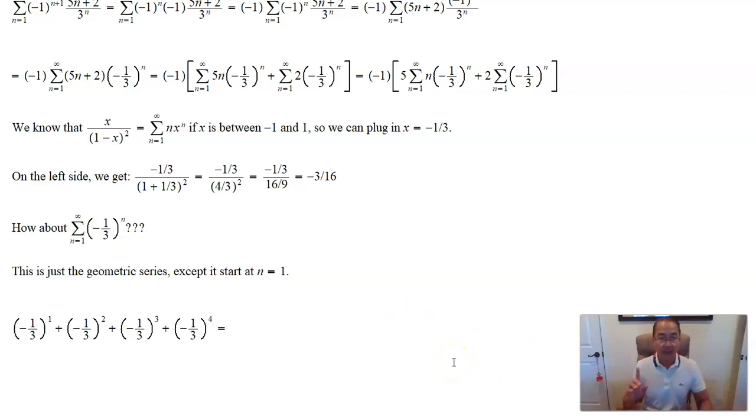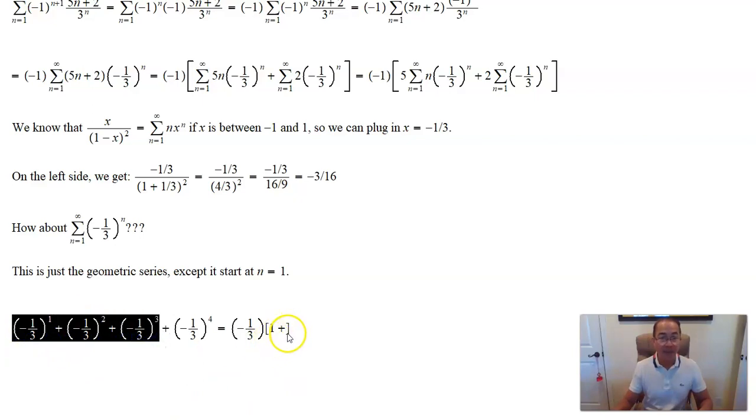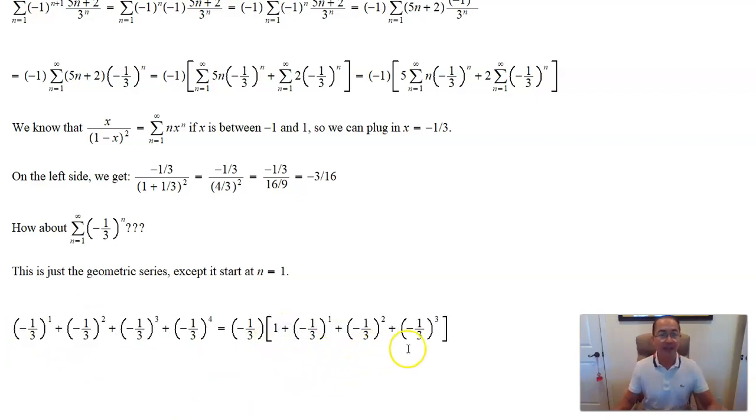So if you factor out the minus 1/3, we'll take one copy, we're going to have left 1 plus a minus 1/3 to the 1, plus a minus 1/3 to the 2, plus a minus 1/3 to the 3. Okay, you see that? Take away one of these, you're left with 1 here, and 2 here, and 3 here. So you factored out one of them.